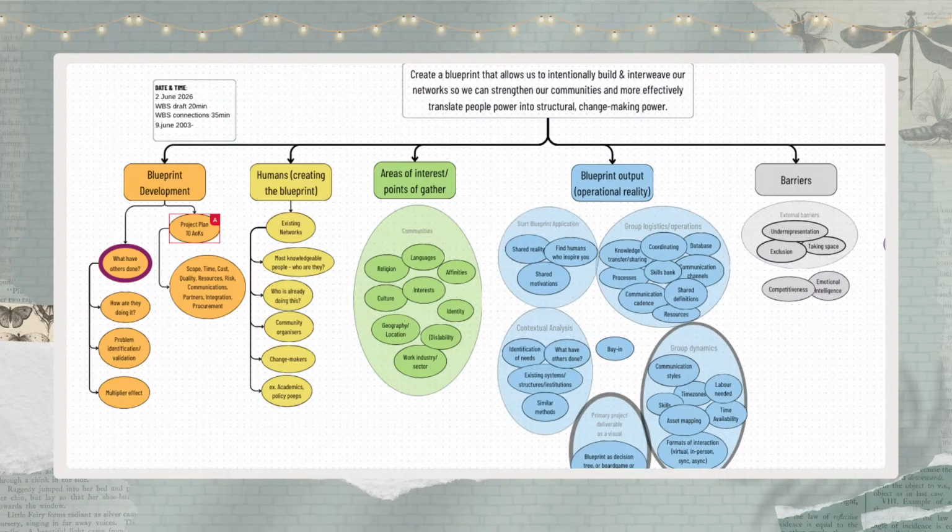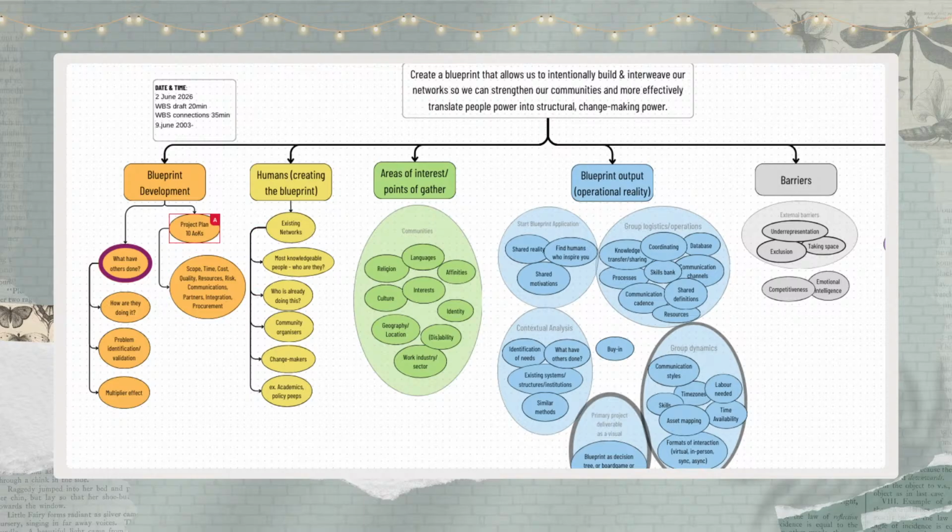So we decided that we were going to start with our existing networks and, from there, identify who the most knowledgeable people are related to this matter: people who are already doing this, perhaps community organizers, change makers, and other people that work in and around the organizing space. For example, academics, people in policy, and other roles like that.